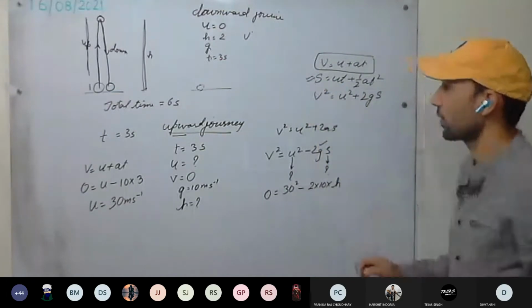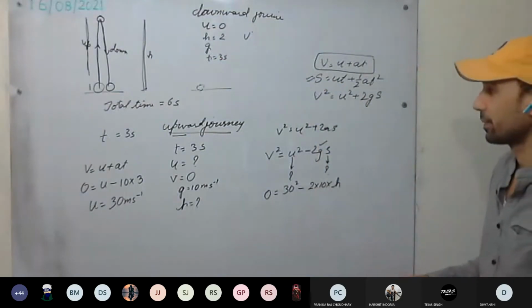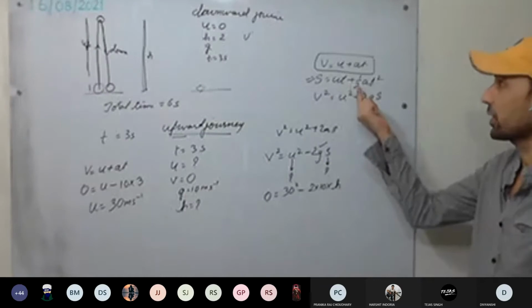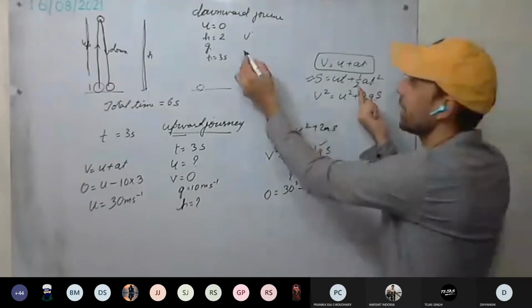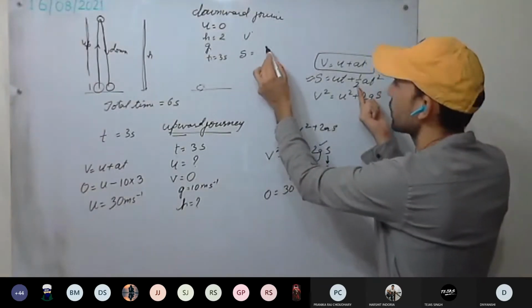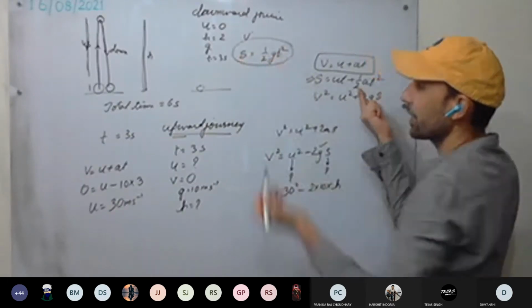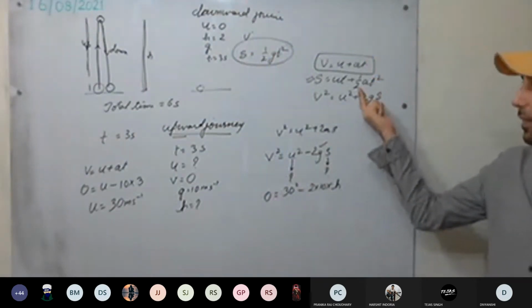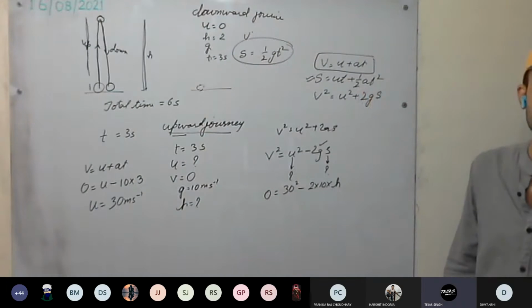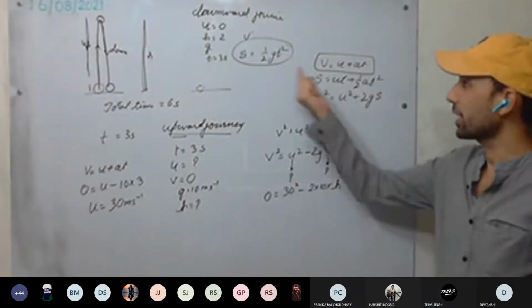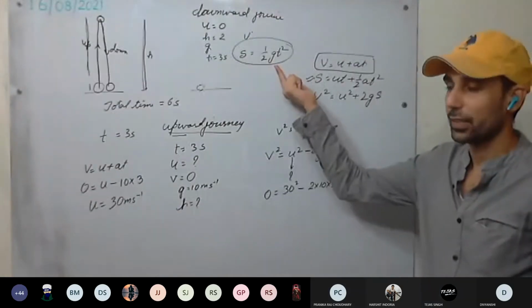Second equation. Using the second equation, s equal to half g t square, you can calculate. Yes, sir. Taking the downward journey, using the second equation you can straightforward calculate.